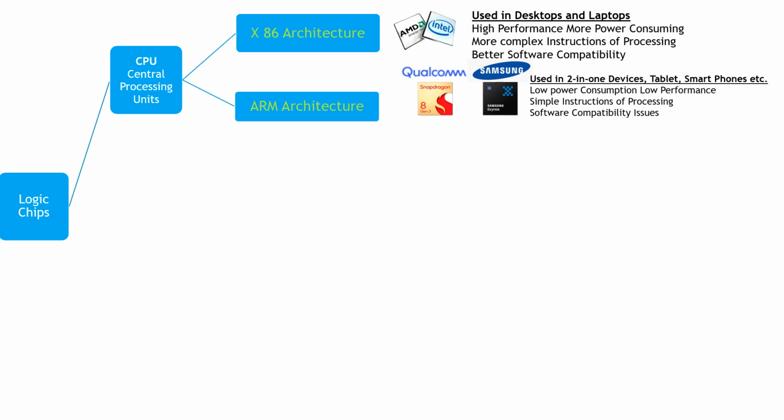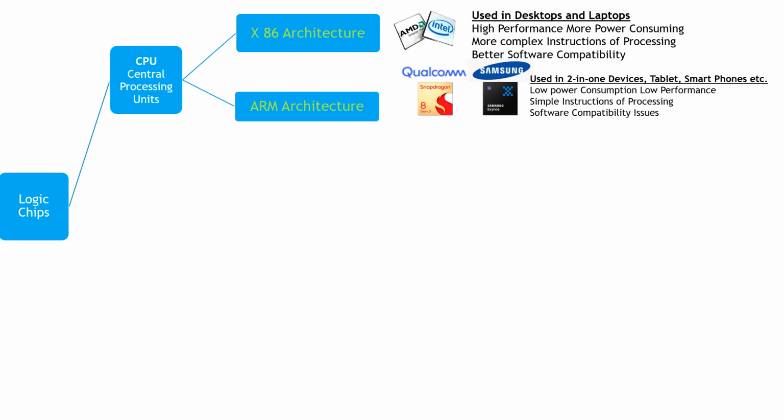These are a perfect choice for two-in-one devices, tablets or smartphones. The main feature is their low power consumption because they are more energy efficient. However, they have lower performance when compared with their counterparts following the x86 architecture.